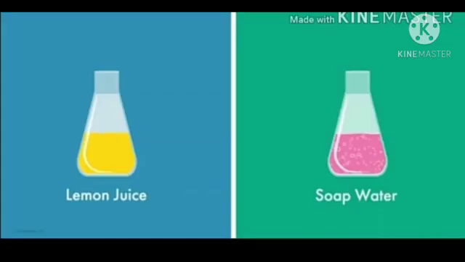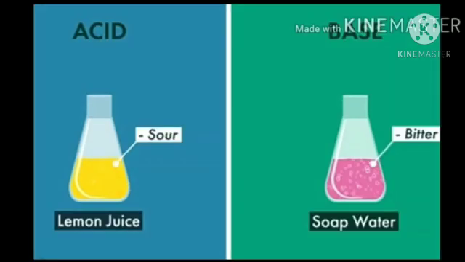We have taken two conical flasks. In one flask, lemon juice, in the other flask, soap water is present. What is lemon juice? Lemon juice is acid. Why is it acid? Because it is sour in taste. The other flask contains soap water.